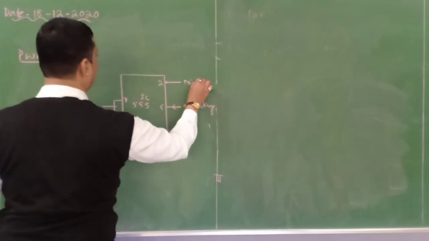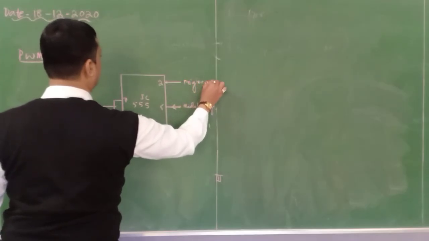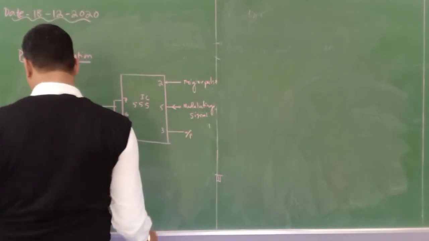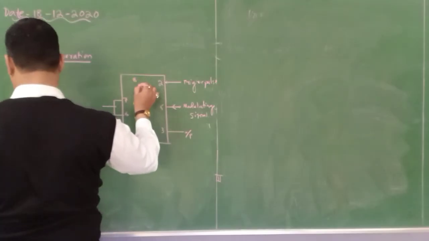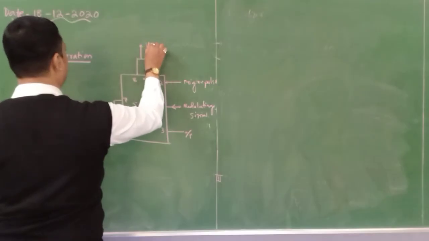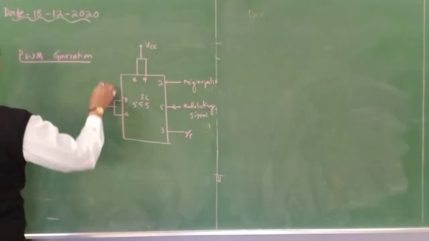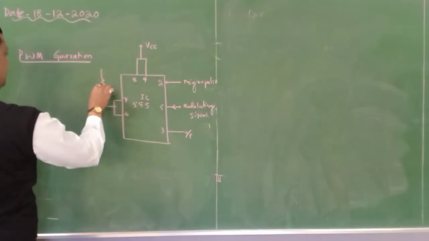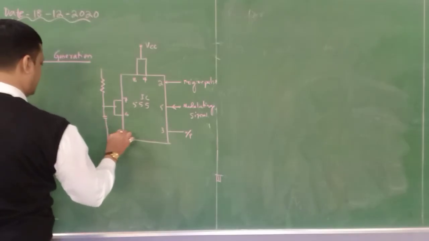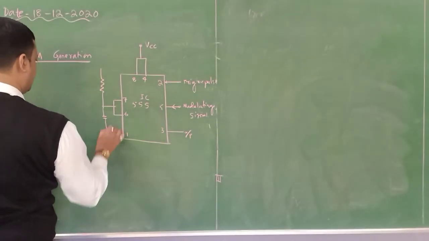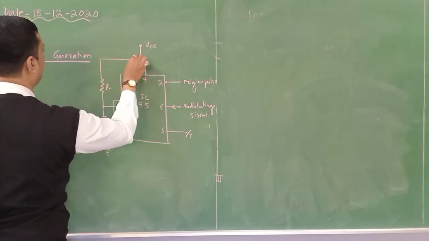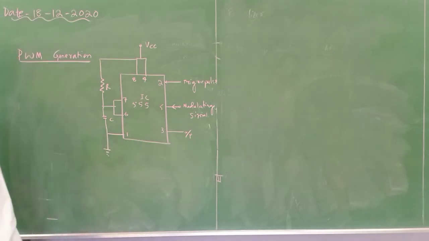Pins 8 and 4 are both provided to VCC, and there is a resistance followed by a capacitance. Here pin 1 is grounded. This is the RC, and here it is provided with a potential.